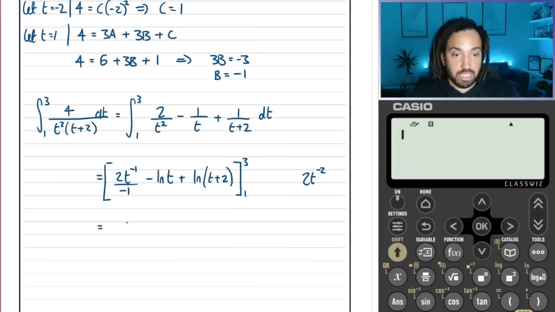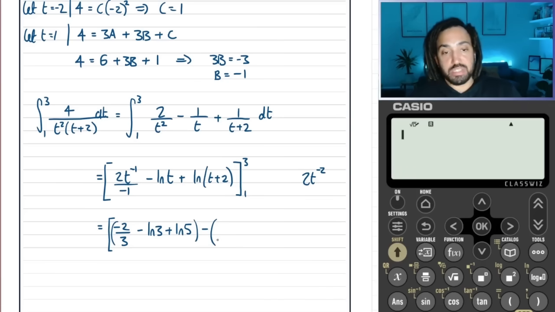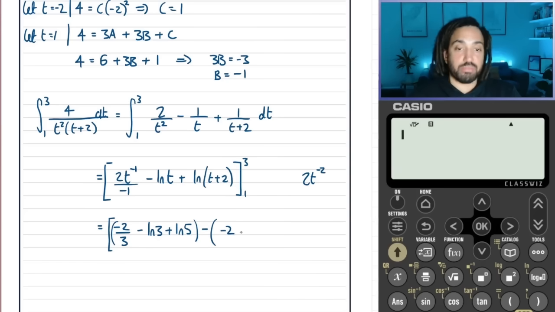Okay, great. So let's substitute in. So we're going to get minus 2 over 3 for the first term. We're going to get minus ln 3, and we're going to get plus ln of 5. Okay, so that is for the upper bound, and then we're going to subtract the lower bound. So when t is 1, that gives us just minus 2.